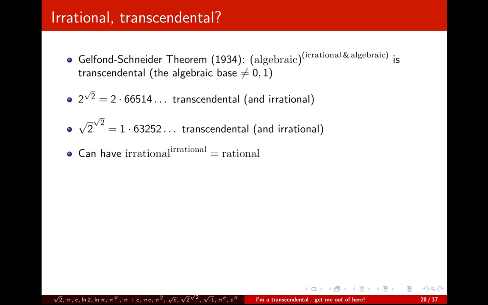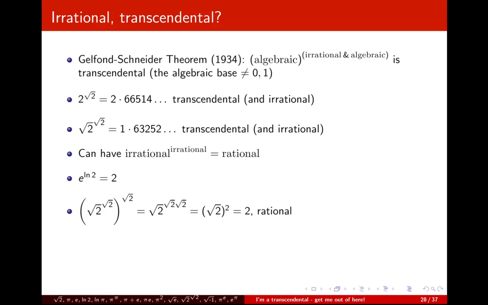Is it possible, for example, to have an irrational number raised to an irrational power and end up with a rational answer? Well, one easy example is if you have e to the power log 2. E is irrational, log 2 can be shown to be irrational, but e to the log 2 by definition is actually 2, which is rational.